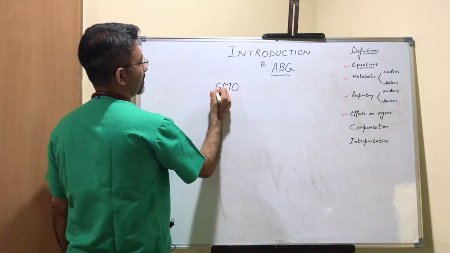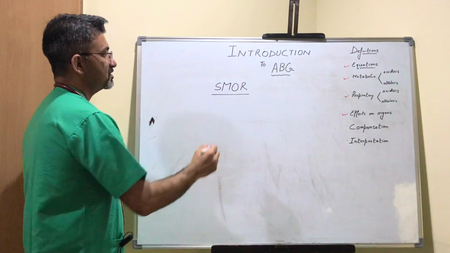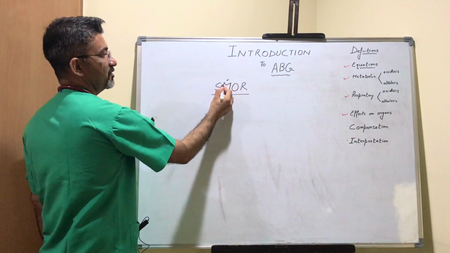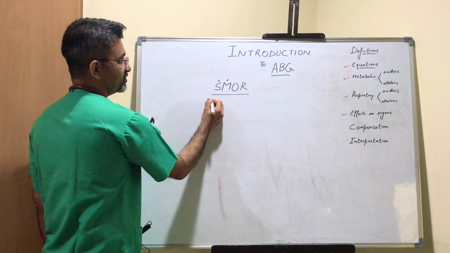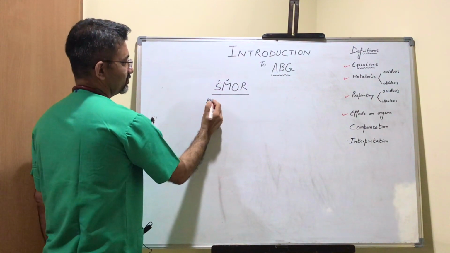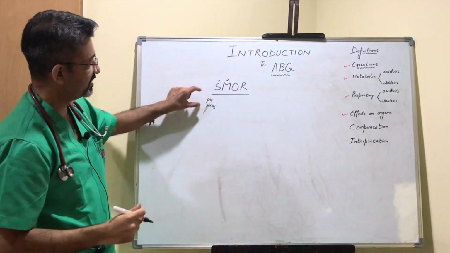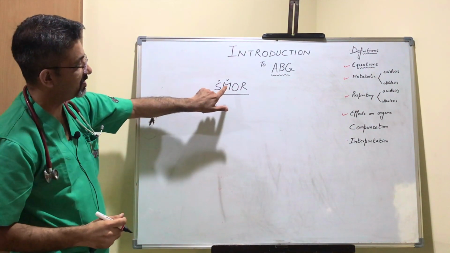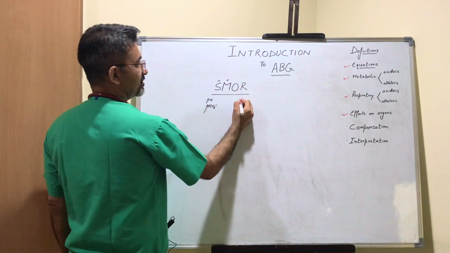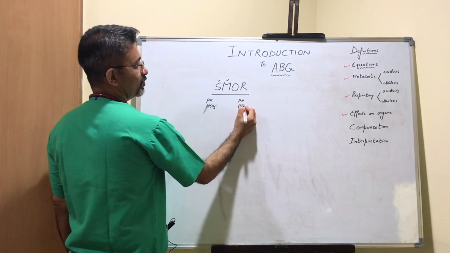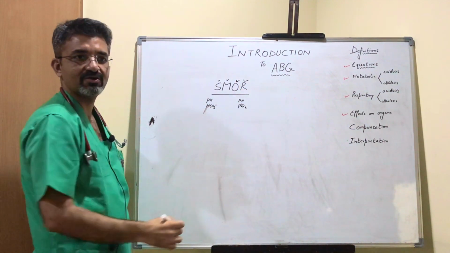Metabolic will move in the same direction: pH and HCO3 in metabolic move in the same direction, but pH and PCO2 move in the opposite direction in respiratory pathology.